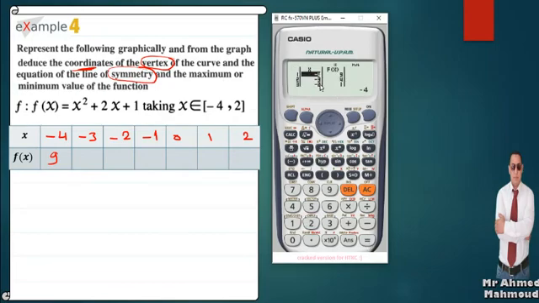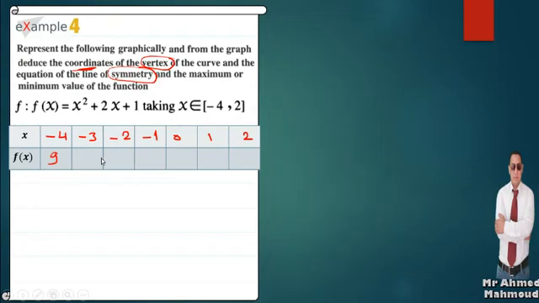The table is: -4 and 9, -3 and 4, -2 and 1, -1 and 0, 0 and 1, 1 and 4, 2 and 9, and this is the end of the table. This is the first step.